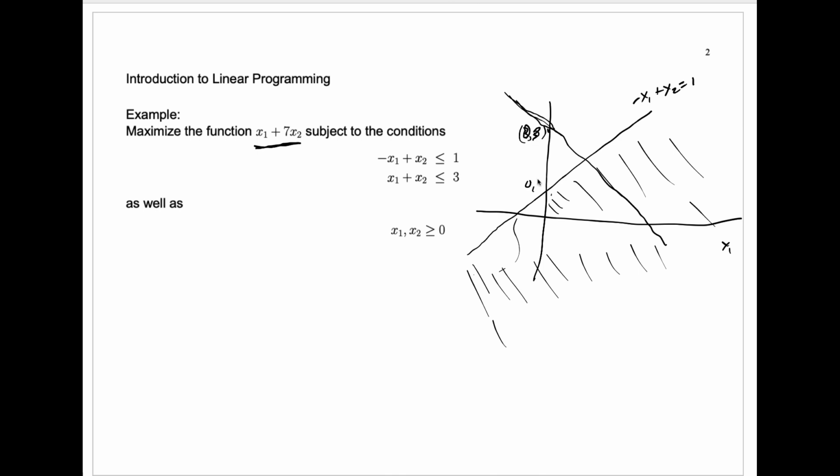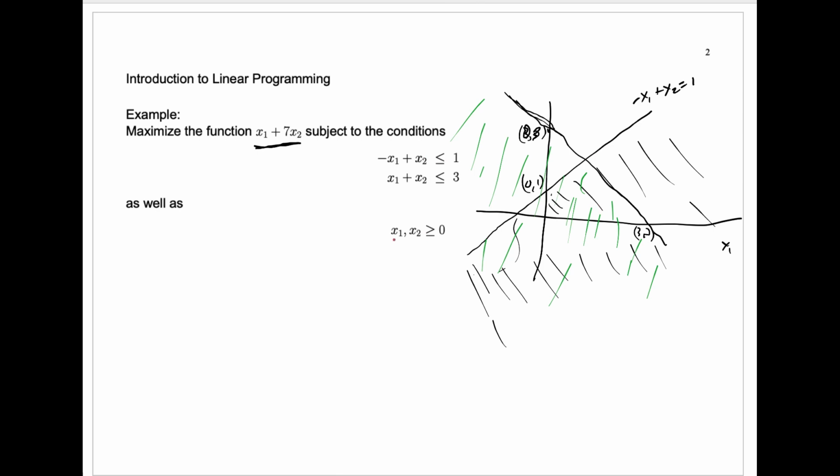Here's the point 0, 1. Here's 3, 0. Like that. And where do we have x1 plus x2 less than or equal to 3? That will be, if I pick a different color here, down on this side of that line.